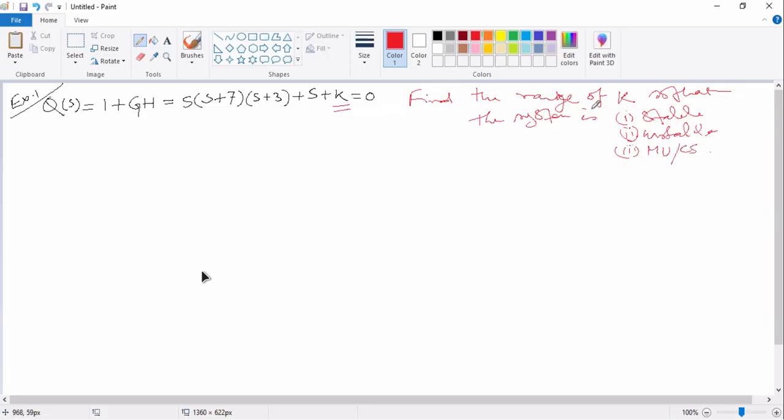I think these are the three things you have to find, as you saw in the video lecture. So the range of K you have to find for this particular problem.